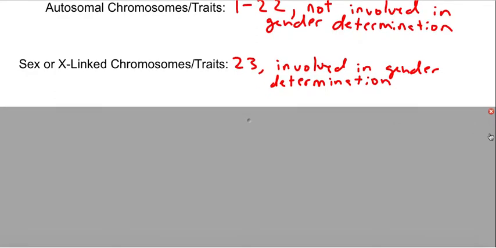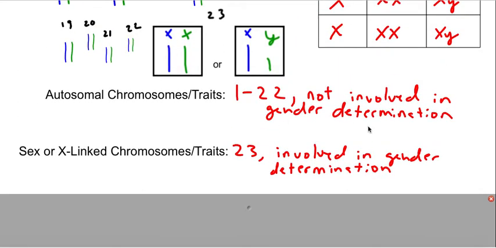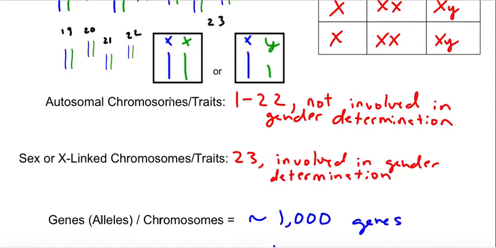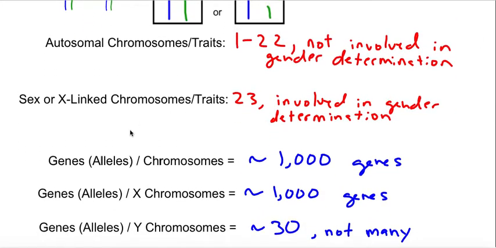But what is important here is the difference between the autosomal chromosomes and the X and Y chromosomes. And so what we want to look at is the alleles on all the other chromosomes in your body. You have about 1,000 genes per chromosome.